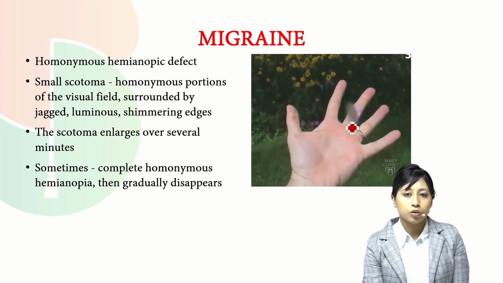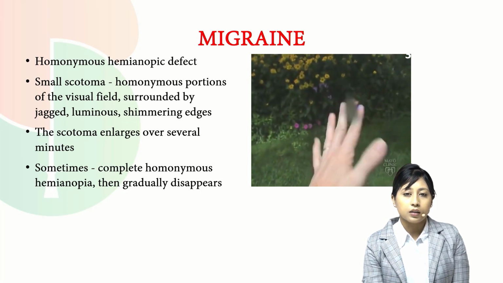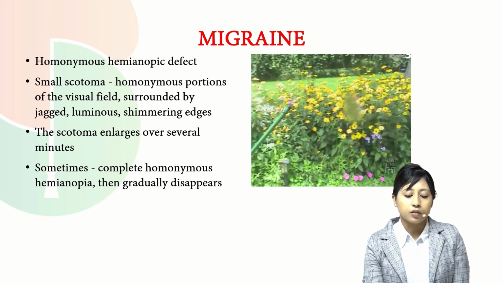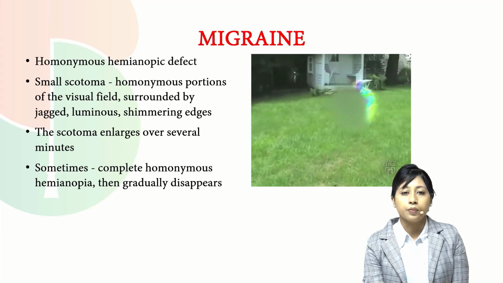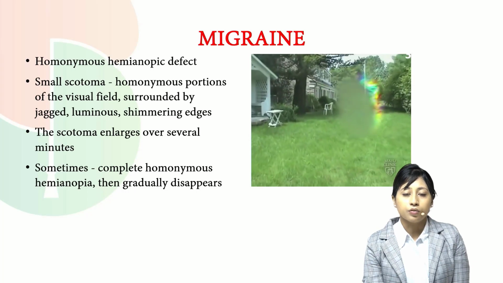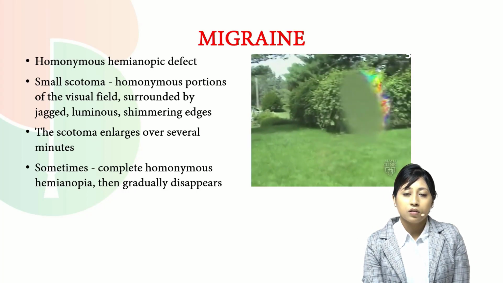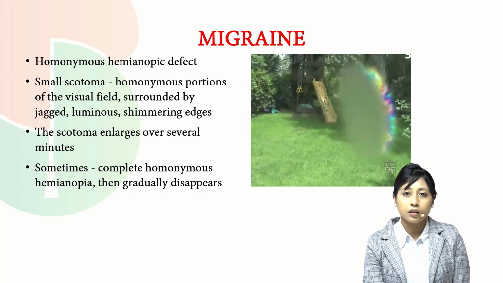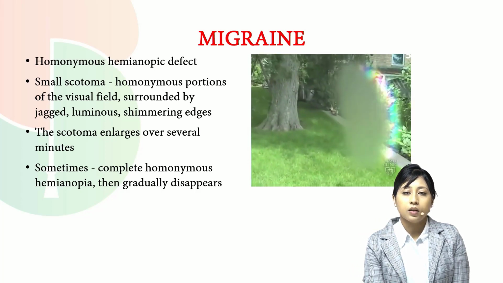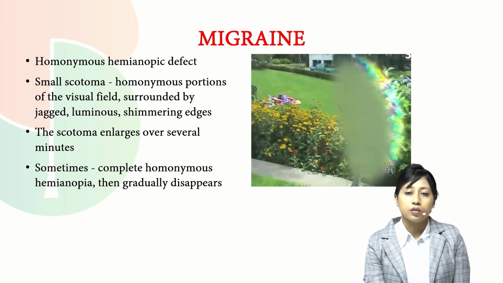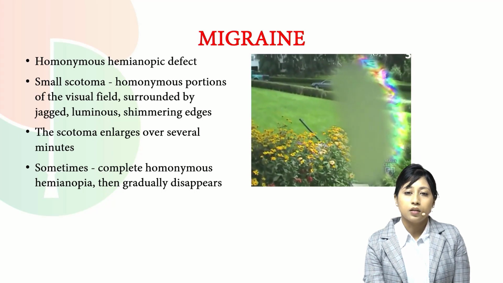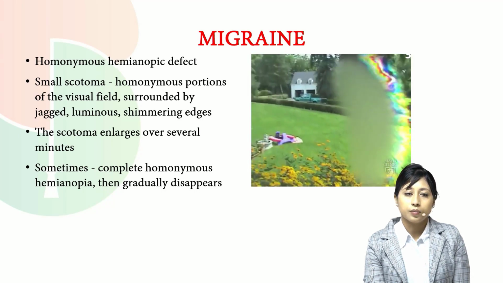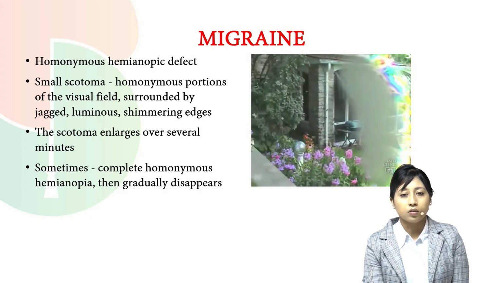This is the scotoma they are showing, and it enlarges over several minutes, and after some time it again decreases in size. After several minutes, it enlarges. As we can see, the scotoma is being enlarged. It was small in size. Now it is enlarging.